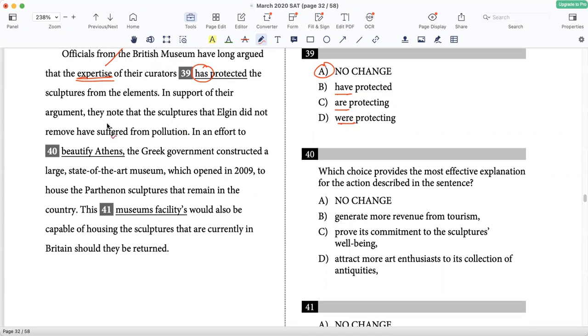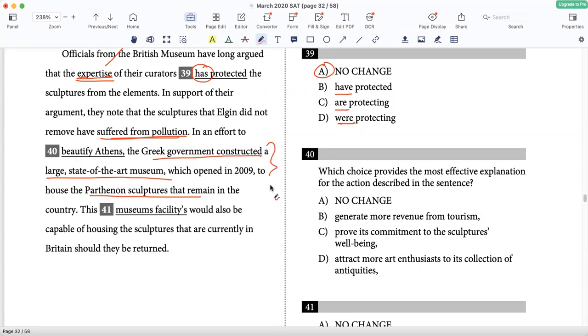So the previous sentence tells me that there were British officials who were not keen on returning the Elgin marbles, and one of the reasons they cited was that the sculptures that Elgin had not brought back to Britain have suffered from pollution. And so the Greek government constructed a large state-of-the-art museum to house the Parthenon sculptures.